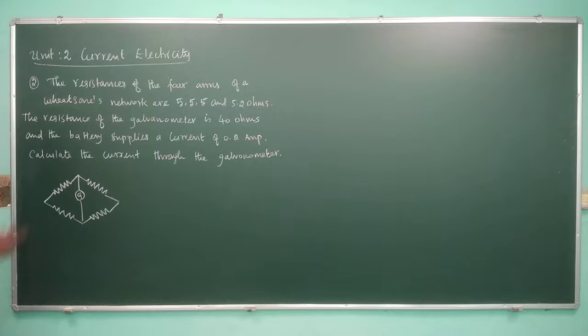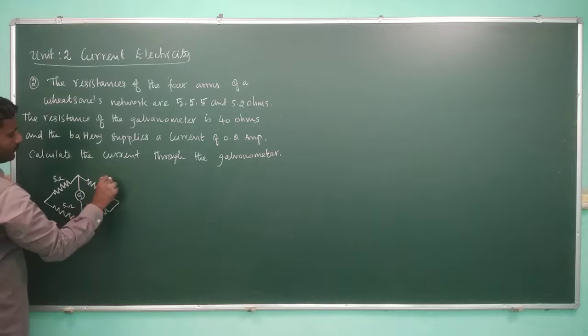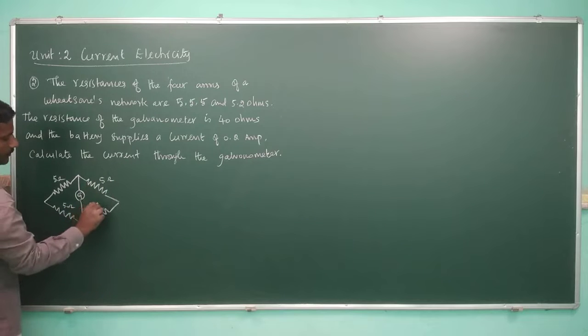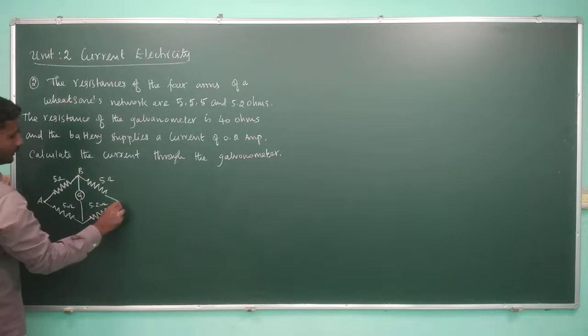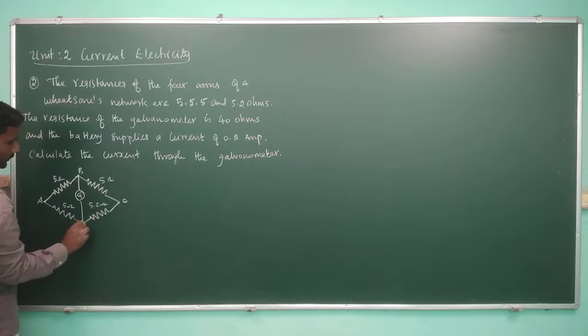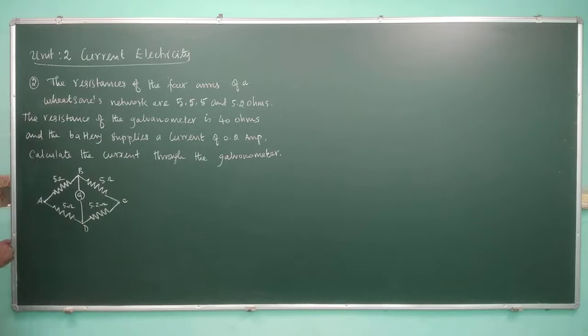It has four resistors, each of 5 ohms, 5 ohms, and here also 5 ohms, and this one is 5.2 ohms. You can denote this node as A, this as B, this node as C, and this node as D.